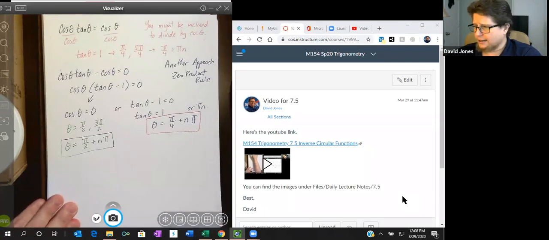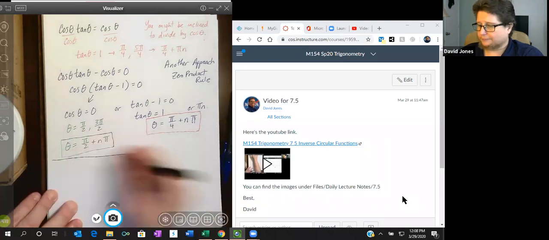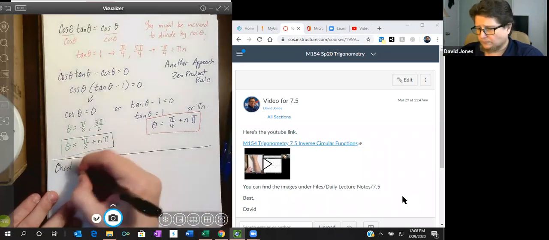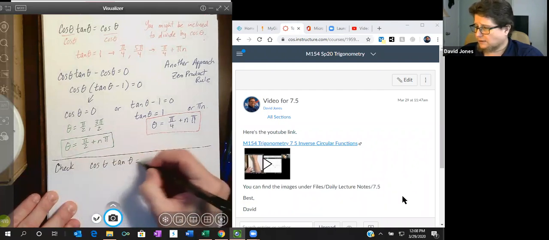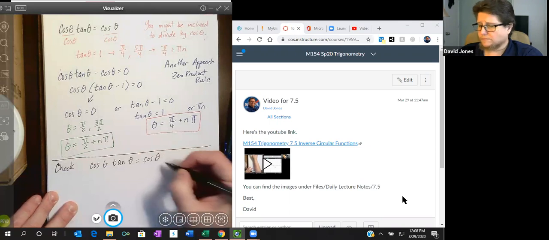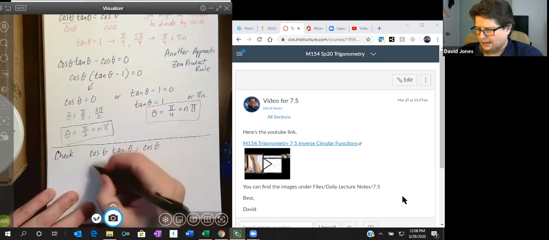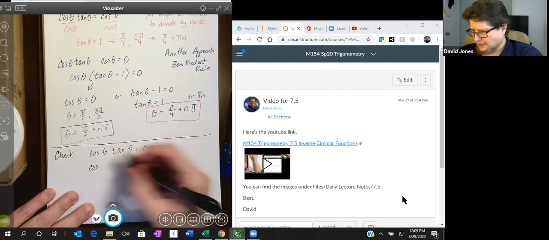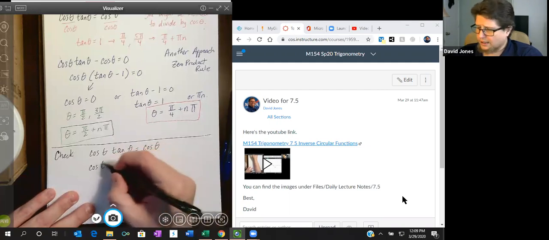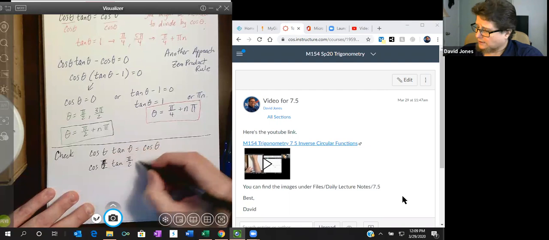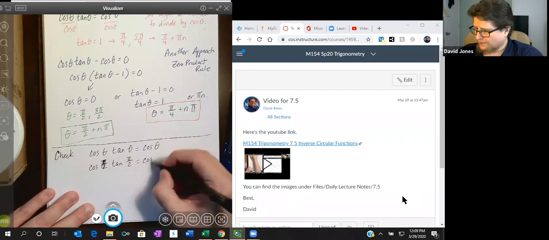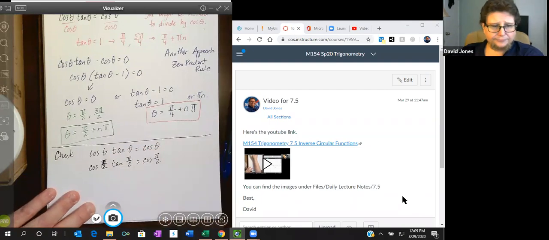We had cosine theta times tangent theta equals cosine theta. And I get cosine pi over 2 times tangent pi over 2 equals cosine pi over 2. And these are both 0.